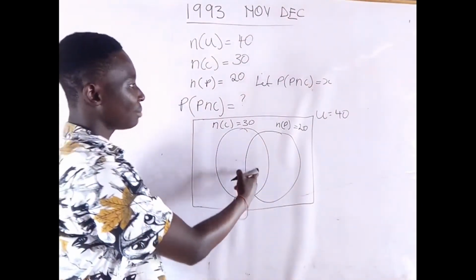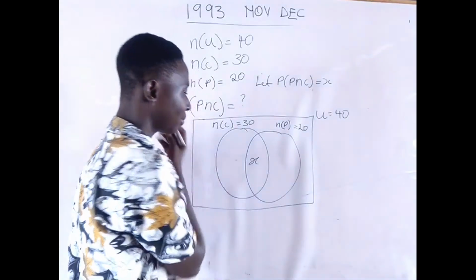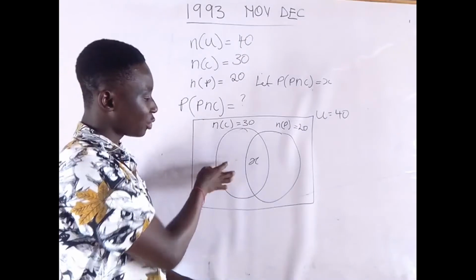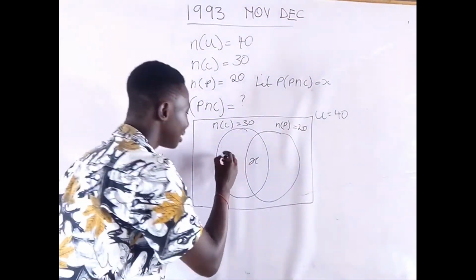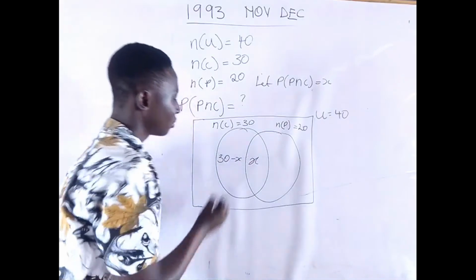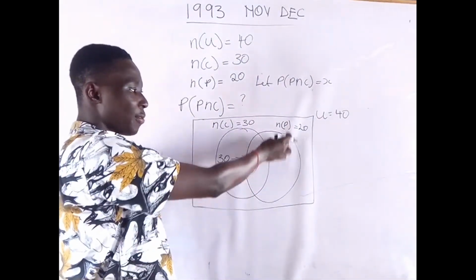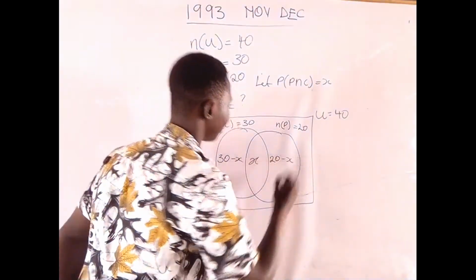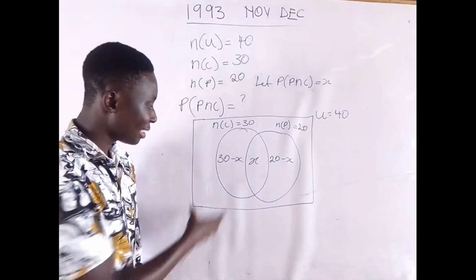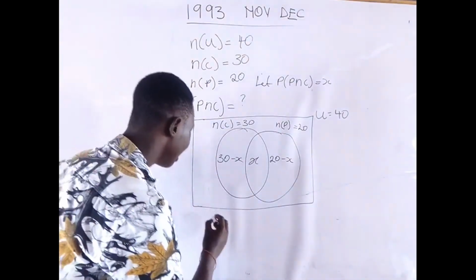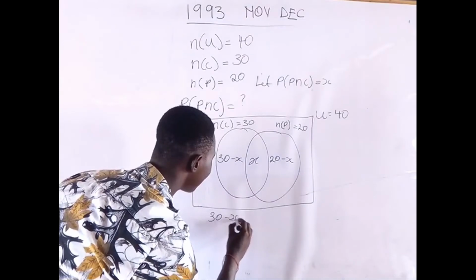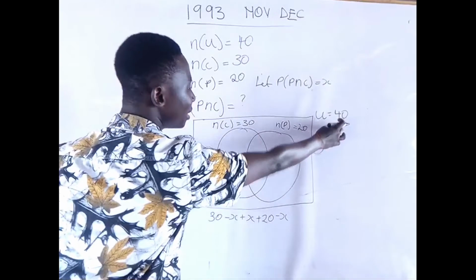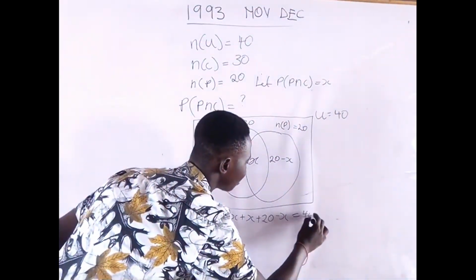Those that read both subjects, we represent as x. Now for us to get the students that read only chemistry, we are going to subtract x from 30, and do the same for physics only: 20 minus x. So now let's find x. We are going to get 30 minus x plus 20 minus x, then we equate it to 40.